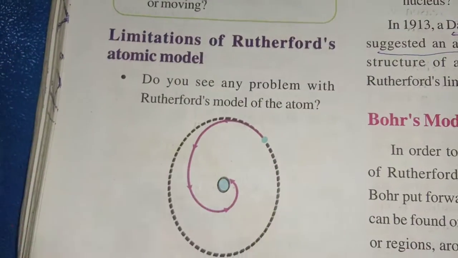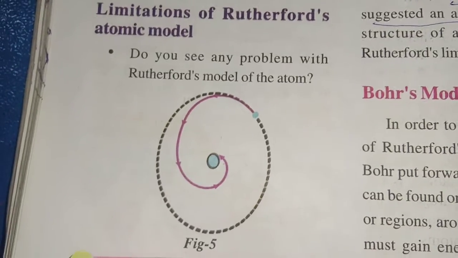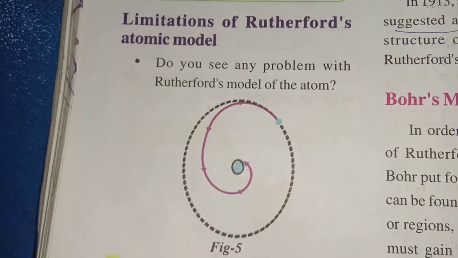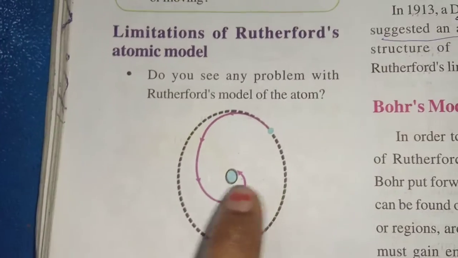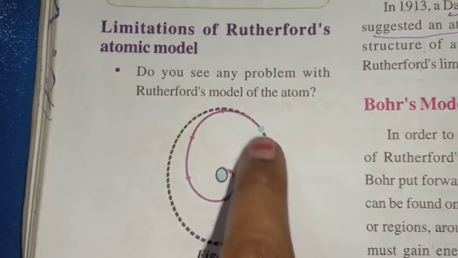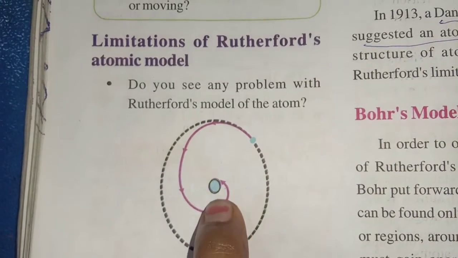When they revolve, electrons release energy continuously. This revolving electron would lose energy continuously and get drawn toward the positively charged nucleus, as shown in figure 5.